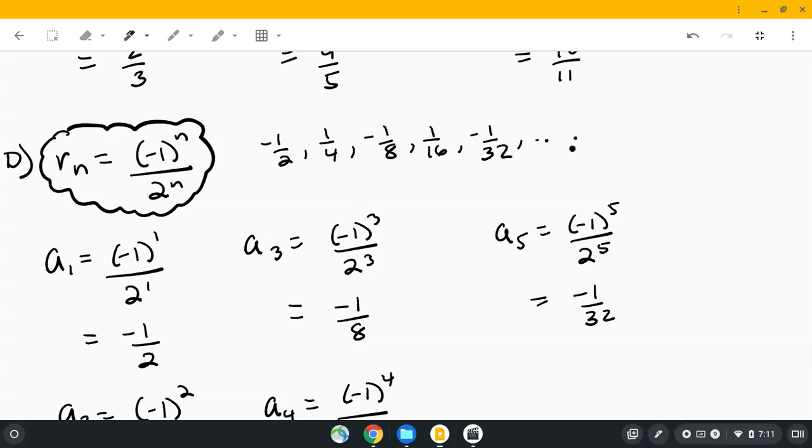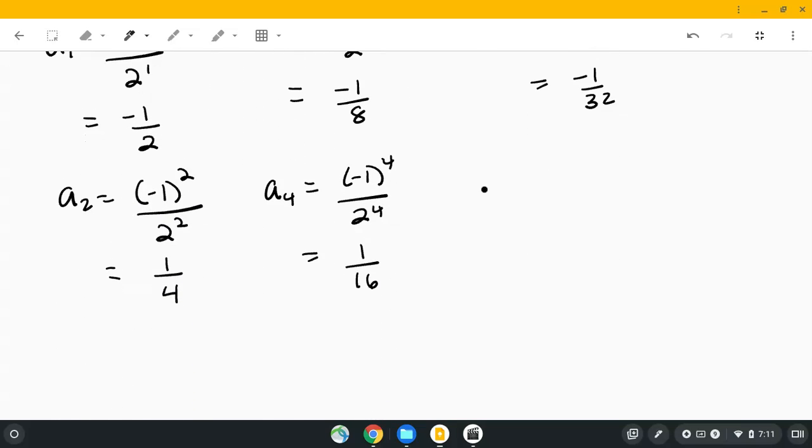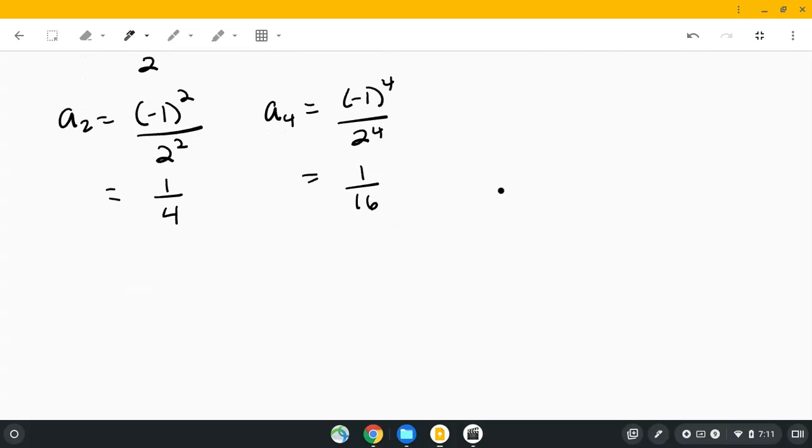So as you inspect your sequence, if you notice that the signs are alternating, then just know that you're going to have a negative 1 to the nth power, or some version of that. Okay? All right, so let's take a look at finding the nth term.